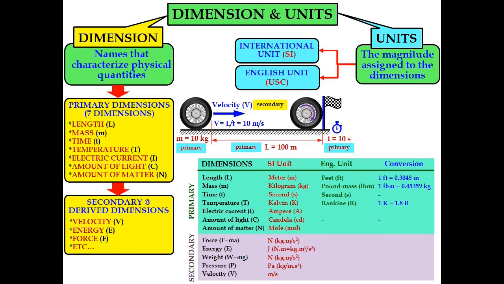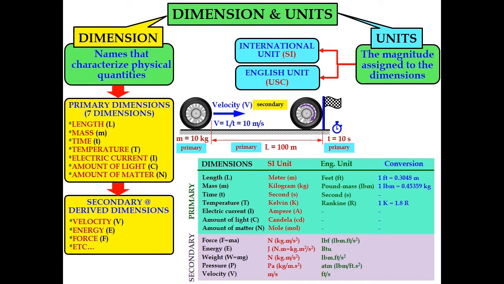The unit for force will be Newton, and the Newton unit is actually equal to kilogram meter divided by second square. For energy we use joule, for weight Newton, for pressure Pascal, and for velocity meter per second.